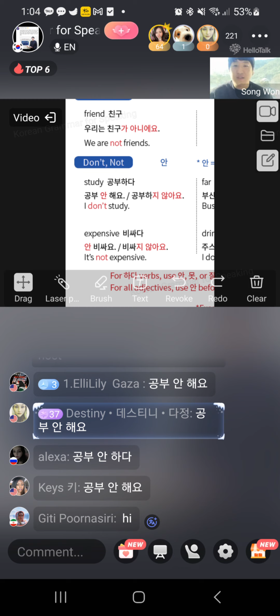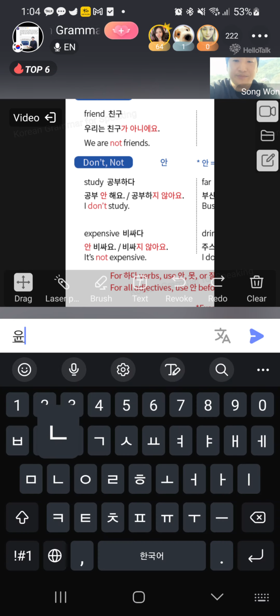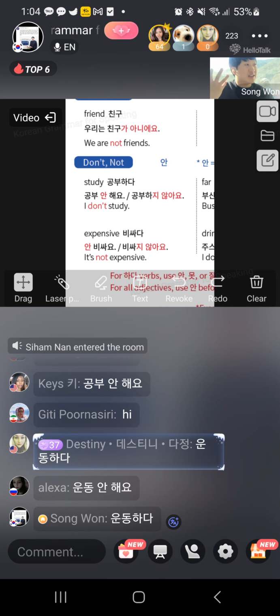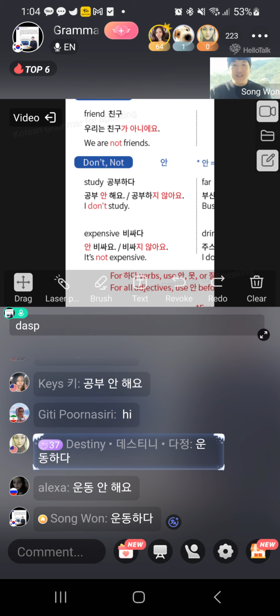How about this word? 운동하다. I'm typing for you. 운동하다. This means to exercise, to work out. Perfect. That's beautiful. Destiny and Alexa get it right.